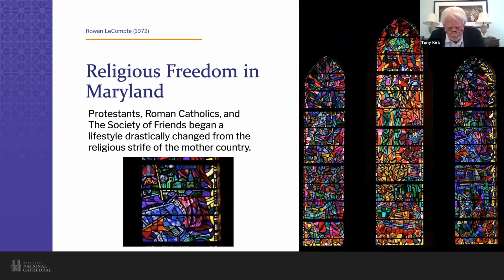Religious freedom in Maryland. Archbishop John Carroll in the center lancet and images of Georgetown University in the right lancet are represented. That college was to expand over the decades, and in 1881, it achieved university status under the presidency and guidance of the first Black priest in America.